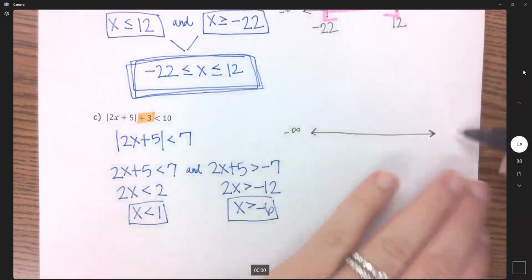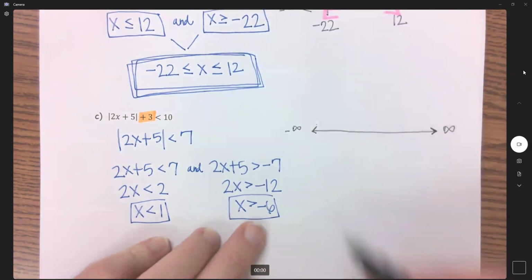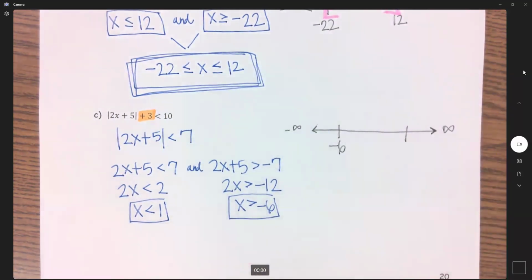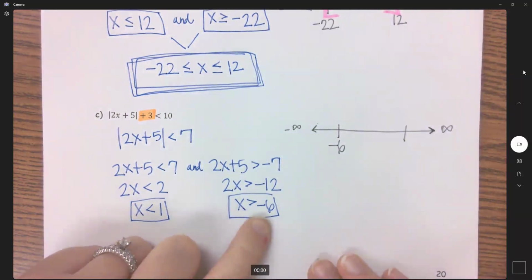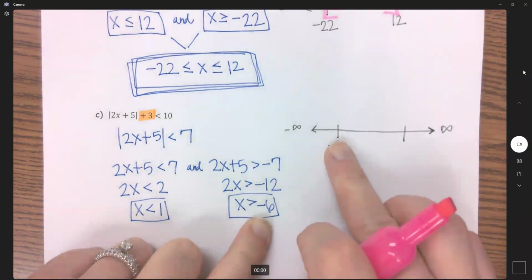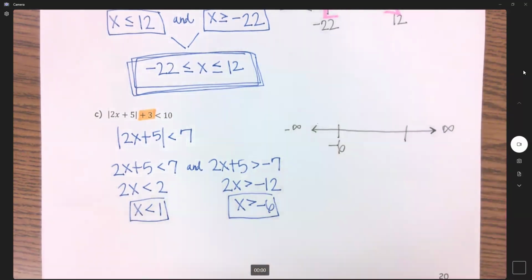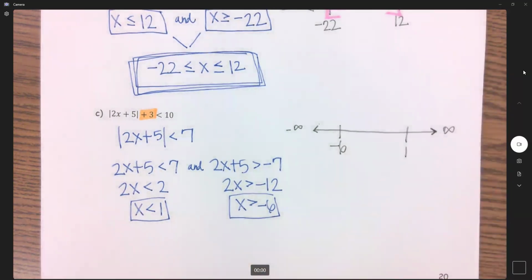We've got negative infinity to infinity, and we're going from negative 6 to 1. Okay, at negative 6, we are talking about things that are greater than negative 6, and at 1, we're talking about things that are less than 1.